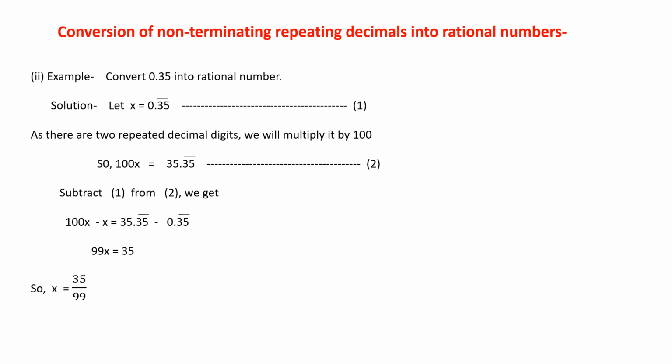So x into 100 is equal to 100x, which is equal to 35.35 bar, and name this equation number 2. Subtract 1 from 2, we get 100x minus x is equal to 35.35 bar minus 0.35 bar, which is equal to 99x is equal to 35. Therefore x is equal to 35 by 99, which is a rational number.